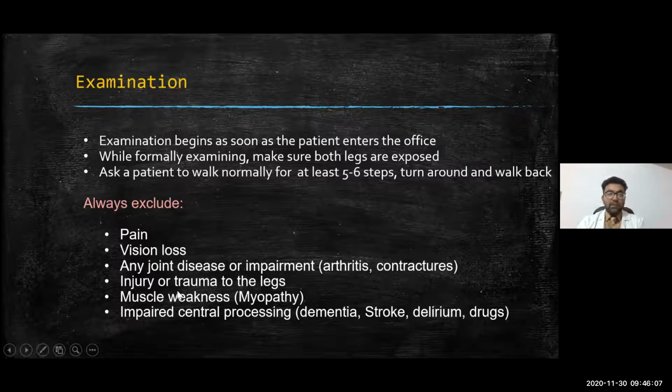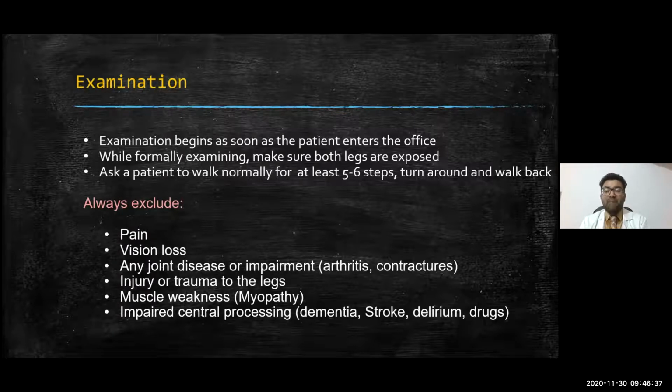But before jumping to any neurological causes, I want all of us to keep in mind that we should always exclude these things. For example, pain. Some patients might have pain due to sepsis. For example, we encountered a patient the other day who had, I think, an abscess around the hip area, and she was having a difficult gait.